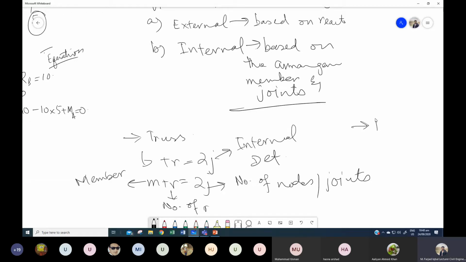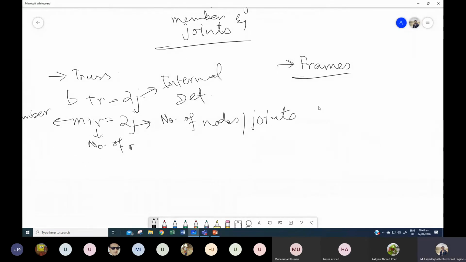And similarly for the frames, can anyone tell me what formula we studied for the frames? R is equal to 3N. R is equal to 3N. Okay, this is the one that we already studied to figure out the determinacy of frames.